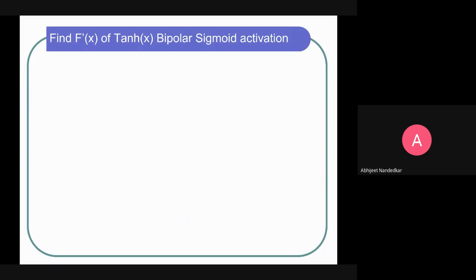Now take this problem. Find f dash of x of tanh x. That is bipolar sigmoidal activation function.